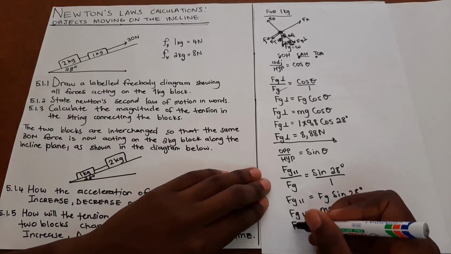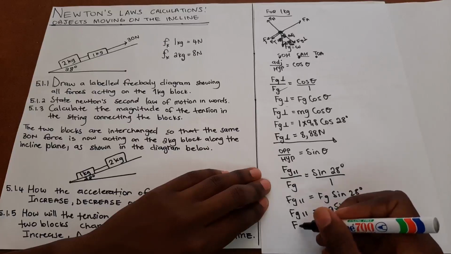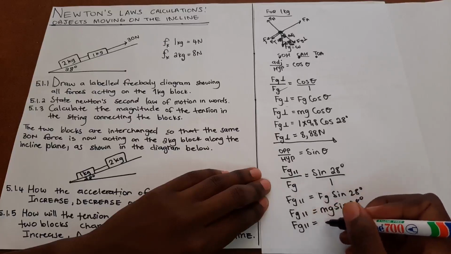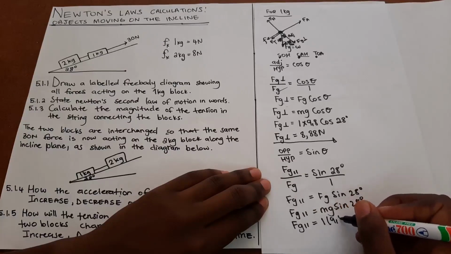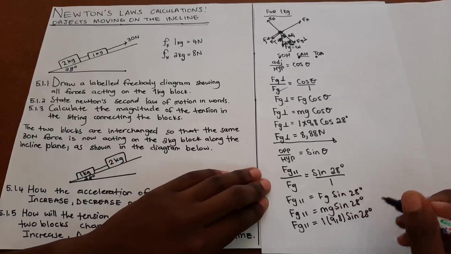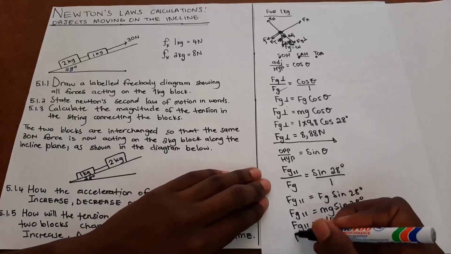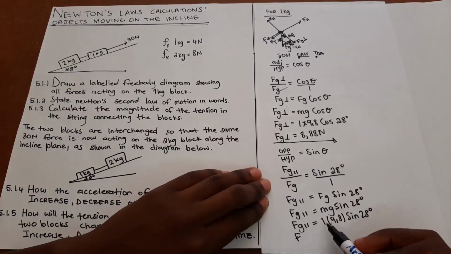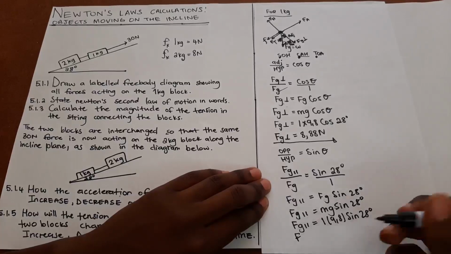Now we have Fg parallel equals 1 multiplied by 9.8 sine 28 degrees. Please press on the calculator, guys. You press 1 multiplied by 9.8 sine 28 degrees.